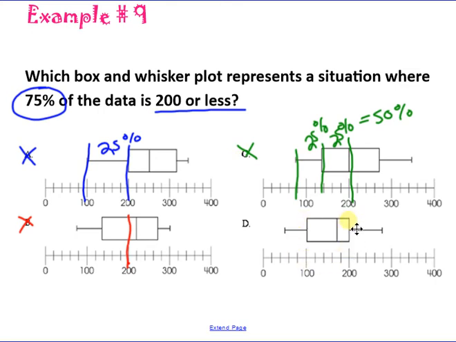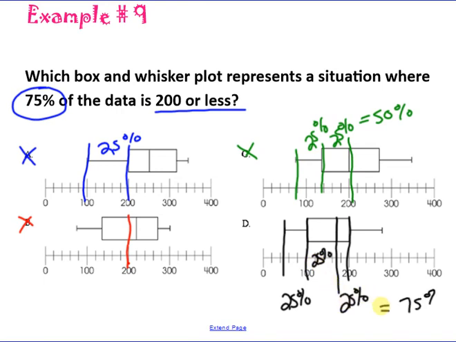So now let's look at D. Here's 200 on D. So from the lower extreme to the first quartile is 25%. From the first quartile to the median is another 25%. And then from the median to the third quartile is another 25%, and that's where the number 200 was. 25 plus 25 plus 25 is 75%, and that's what we want. So D is the correct answer for that one.